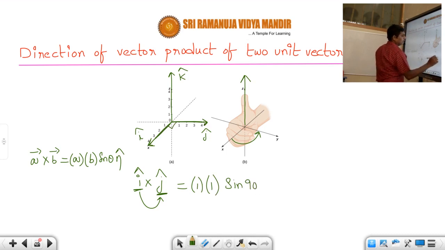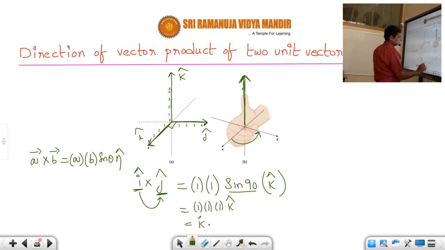Sine of 90, into the vector perpendicular to both i cap and j cap, which is k cap, because our thumb is towards the z-axis. Sine 90 is 1, so 1 into 1 into 1 into k cap, which is equal to k cap, students. I hope you understood how to find the direction of the vector product of two unit vectors.